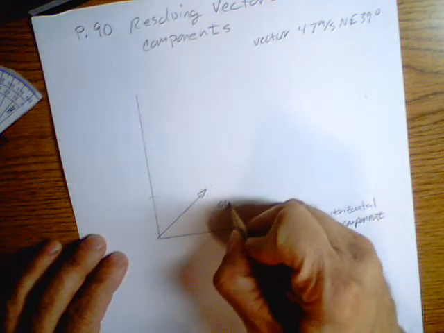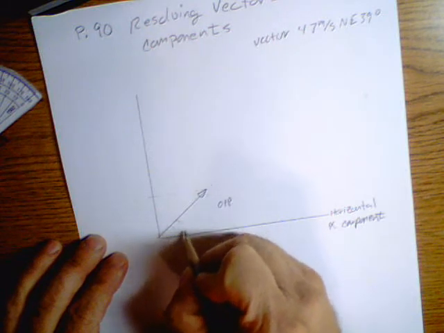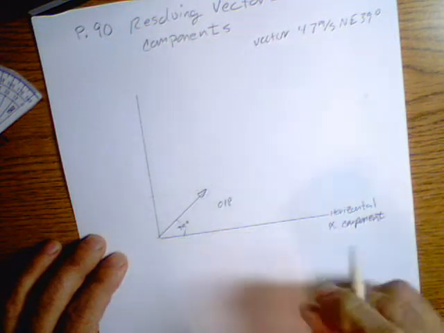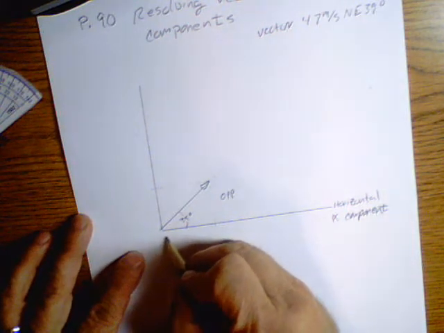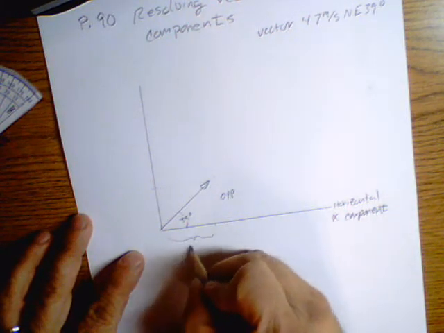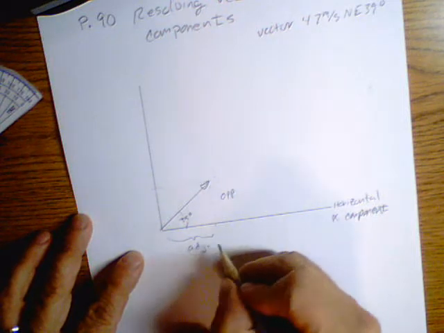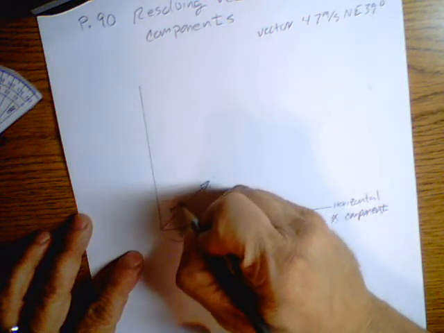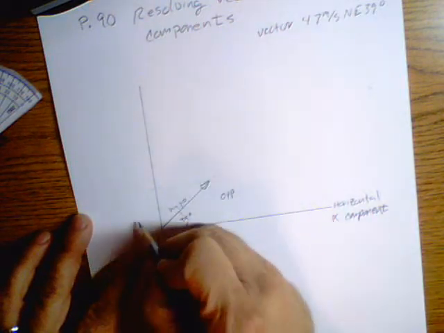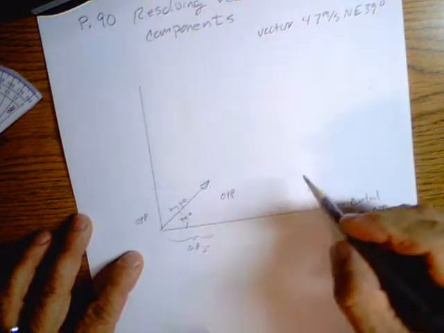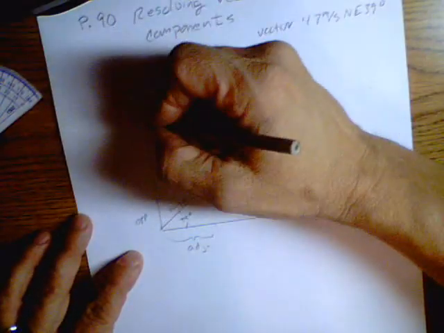So here is the opposite side. This, as I said, is 39 degrees. This would be considered the adjacent, the hypotenuse, of course. And here's another opposite. This would be the y component, or the vertical.